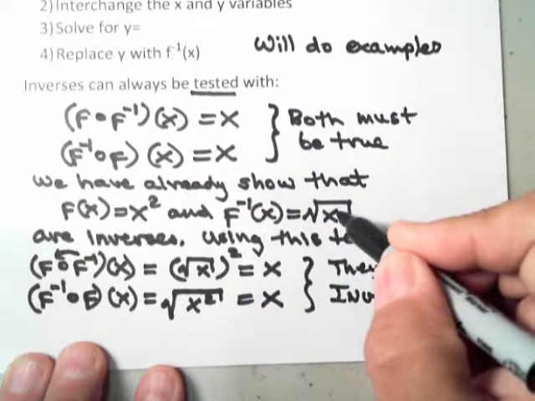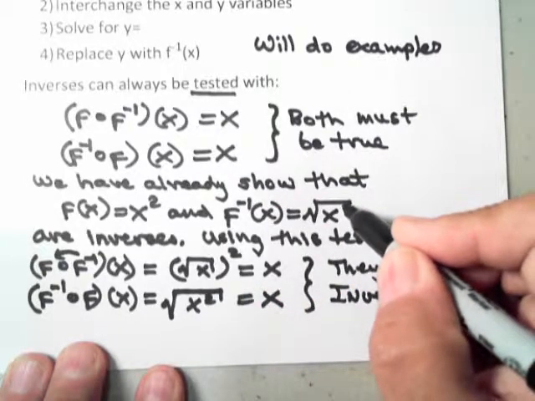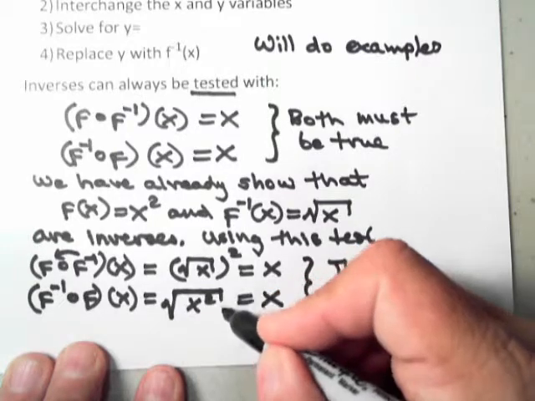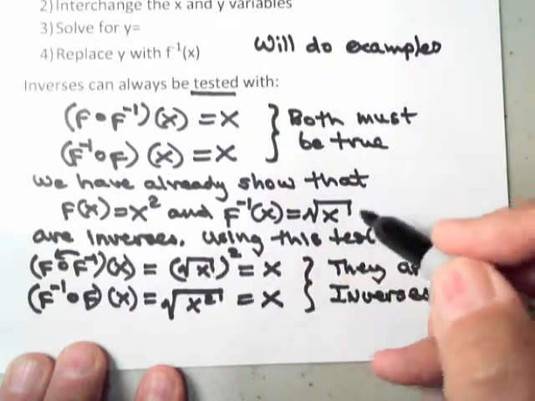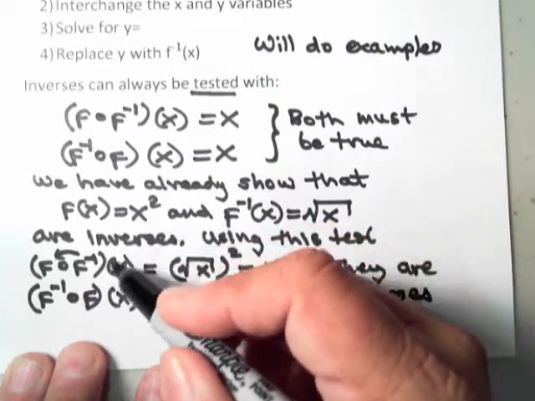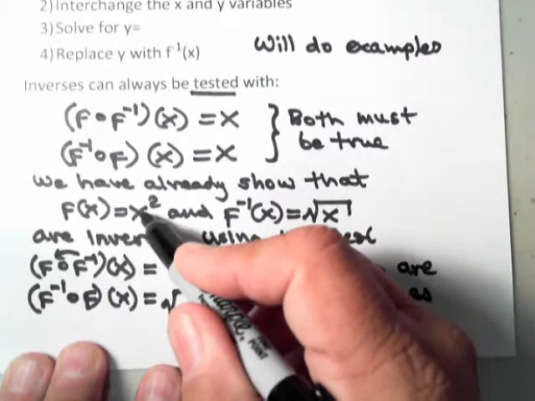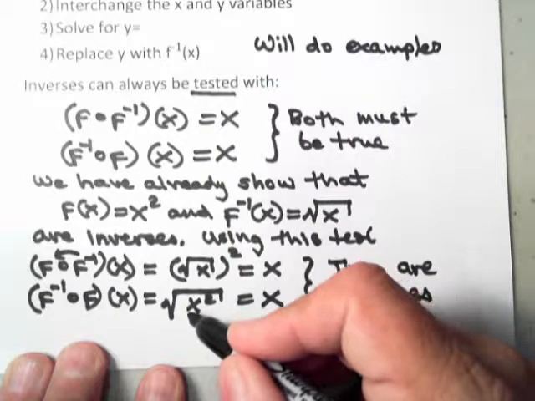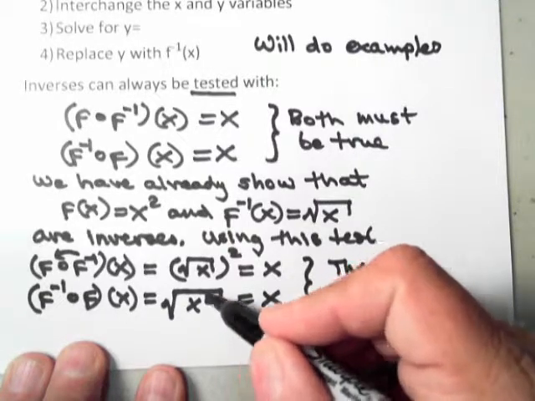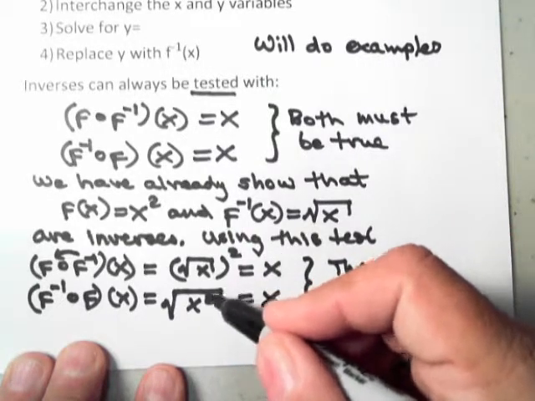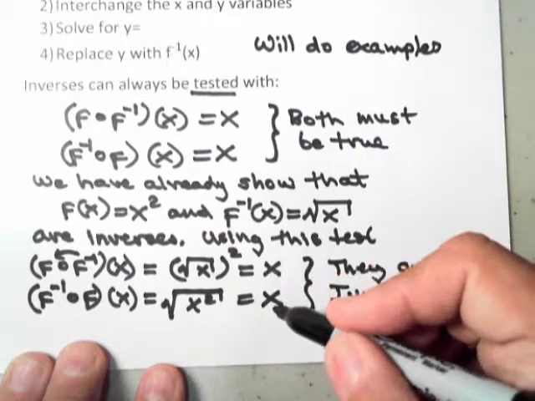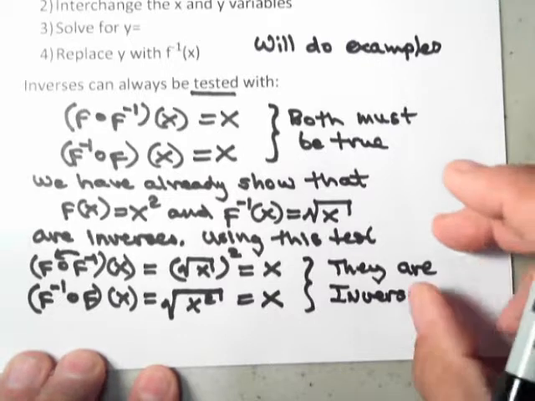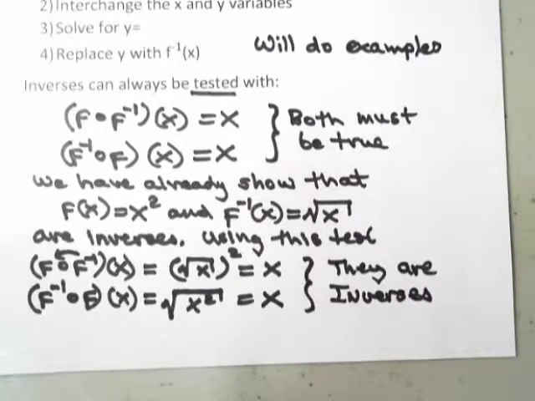The f negative 1 guy we have here is the square root. So here's the square root. But now what we're going to do is replace the original x here with what f of x is. So here it is. I put the x squared inside. Well, you can see the square root of x squared equals x. So since both of these guys resolve to x's, they are indeed inverses of each other.